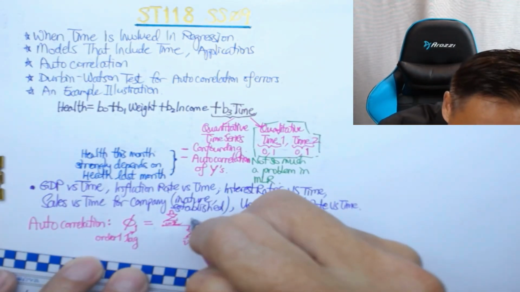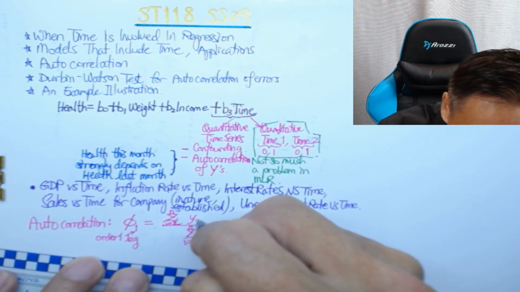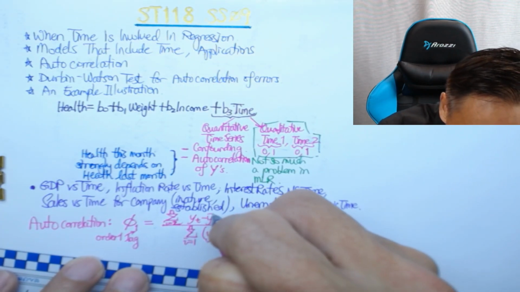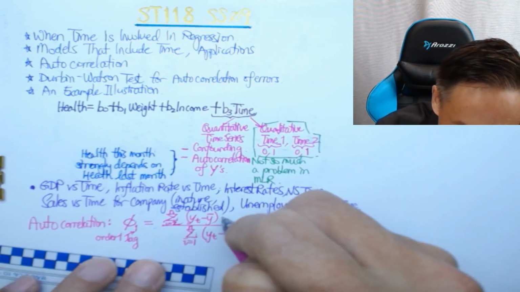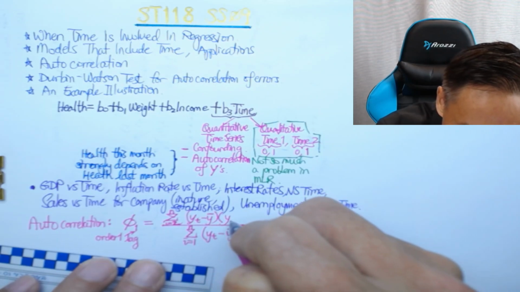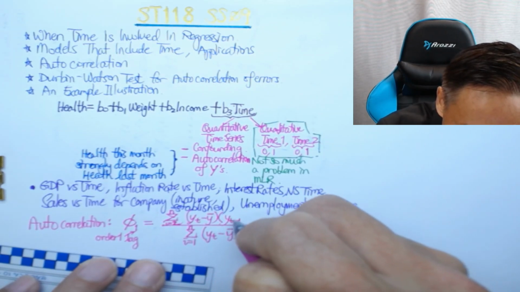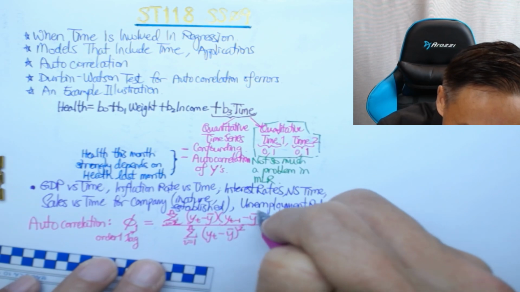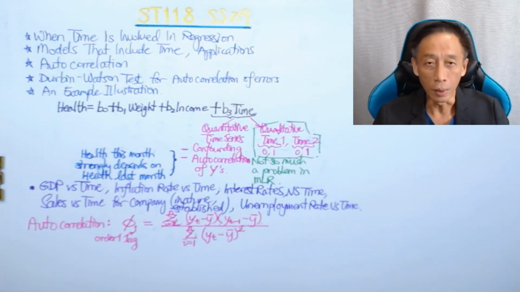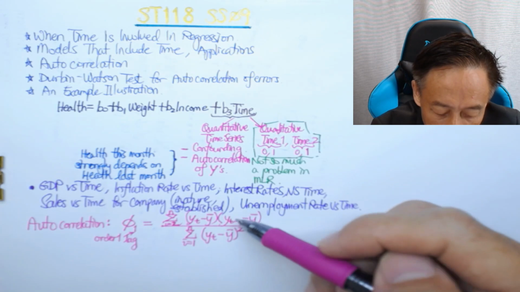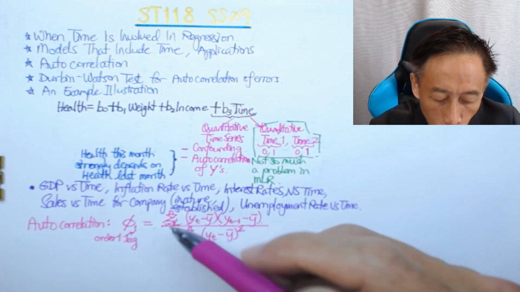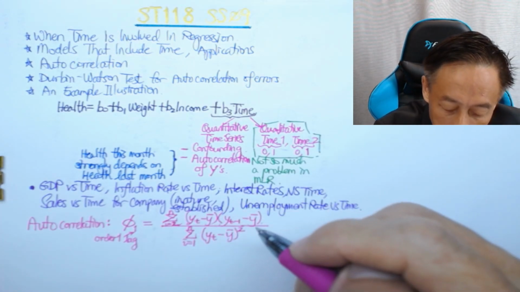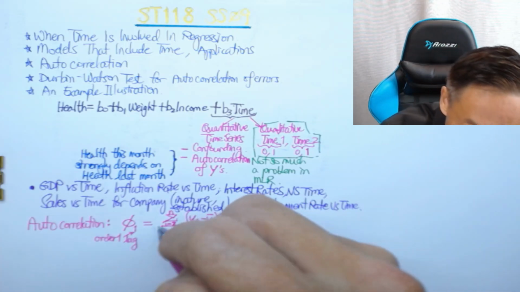So the autocorrelation is going to be y of this year away from the mean, no square, because we're going to multiply by y of last year, t minus 1, away from the mean. And because we're going to have last year, the index has to start at 2. Did we use i or t? t.